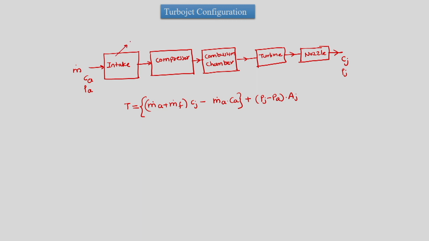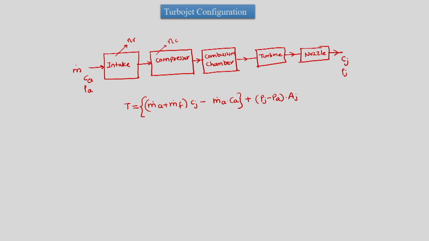turbojet engine. So we would know how to find out the properties in the intake. We know that there is ram efficiency or isentropic efficiency of the intake. It governs the compression which is achieved before the air reaches the compressor.